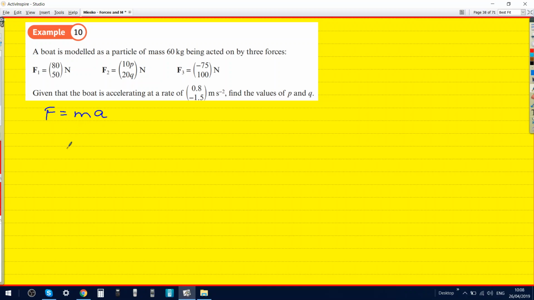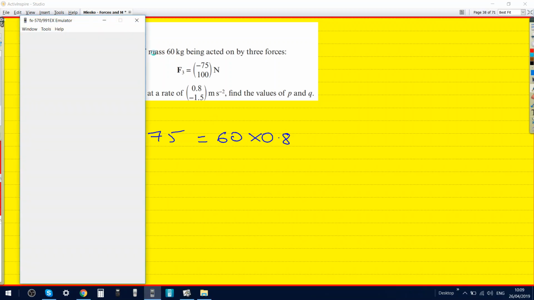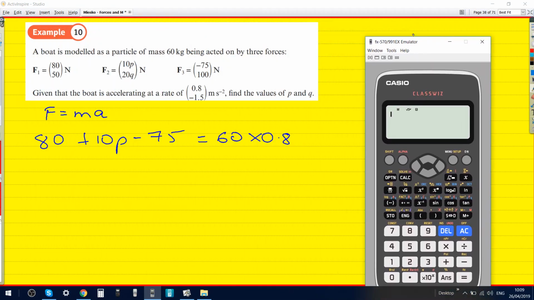So the force, so 80 plus 10p minus 75 would be equal to 60 times 0.8. I didn't add them all up actually. So, okay, yeah. That's probably where I went wrong.